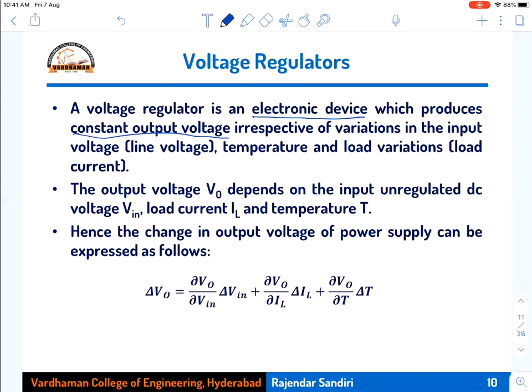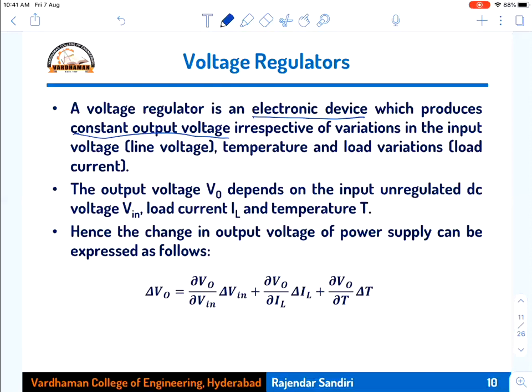The input voltage changing with respect to time means the input voltage may have some ripple or fluctuations, which is actually the output of the filter in the regulated power supply, which is not a constant voltage and has some ripple. We have seen in the triangular waveform that there is some very small ripple present. We call that variations in the input voltage or line voltage.